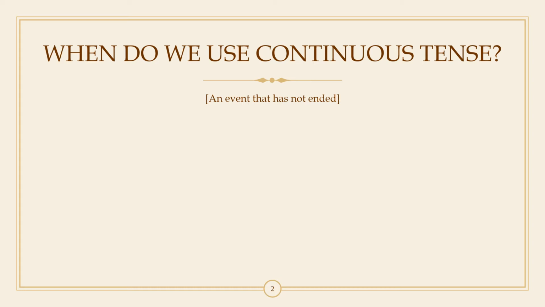For the sake of sticking to what we have at hand, let us not extend the definition much more than this. So the shortest definition of continuous tense is an event that has not ended.